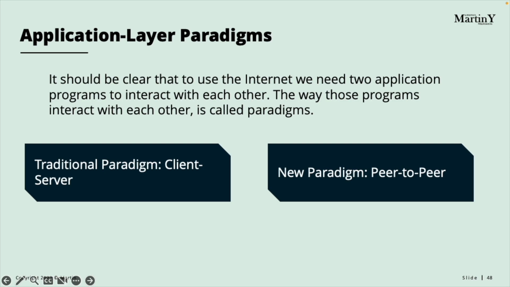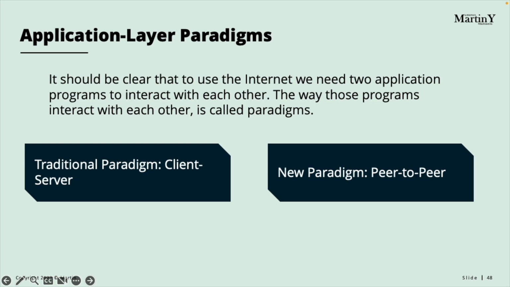The client requests services from the server, and the server provides those services to the client. Okay, that's it. Most of today's internet works with client-server based paradigms, and you'll see later in the application layer protocols that the main services are using that.